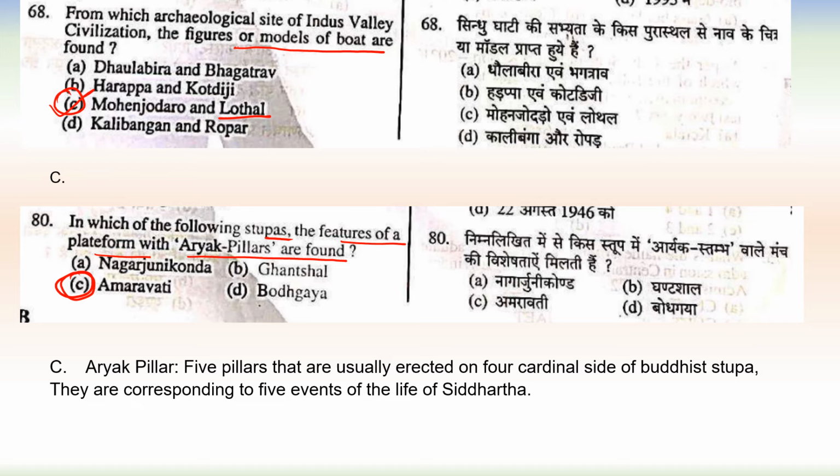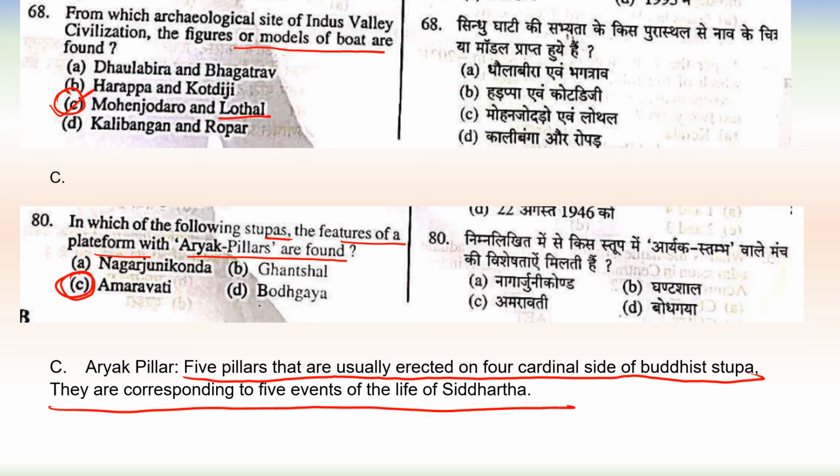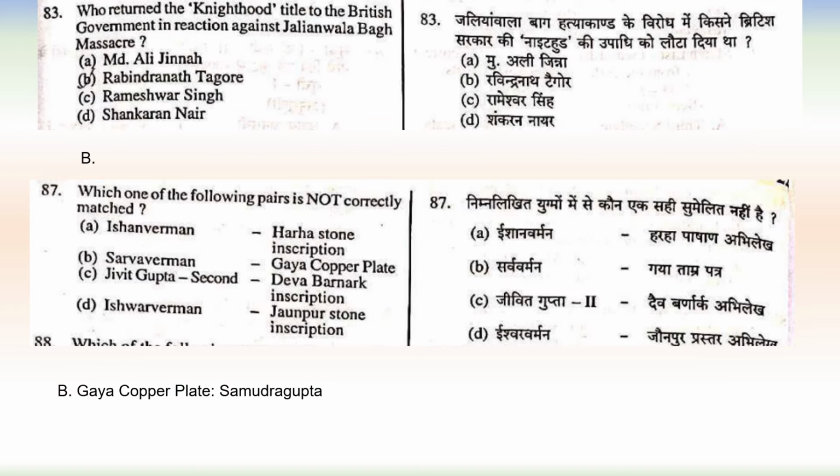Erect pillars, they are the 5 pillars that are usually erected on 4 cardinal sides of Buddhist stupa, and they correspond to the 5 events of life of Buddha or Siddhartha. Next one, who returned the knighthood title to the British government in reaction against the Jallianwala Bagh massacre? So it was Rabindranath Tagore.